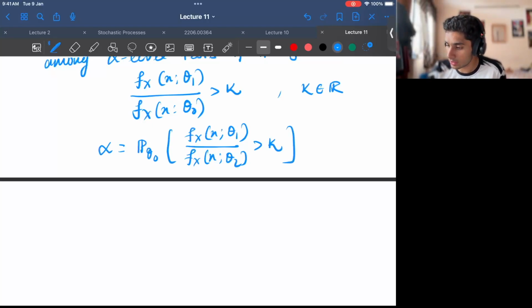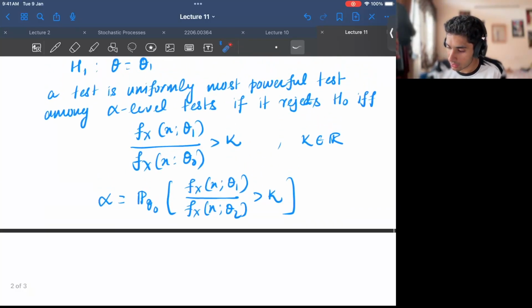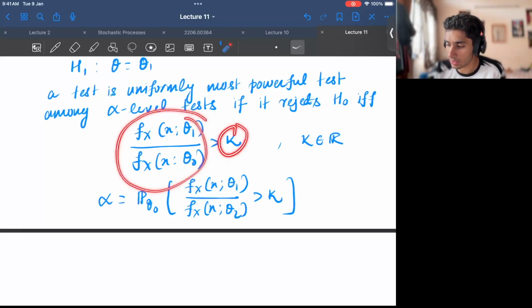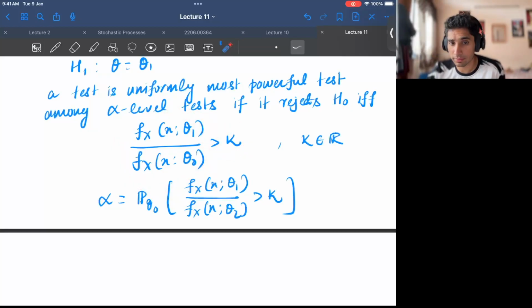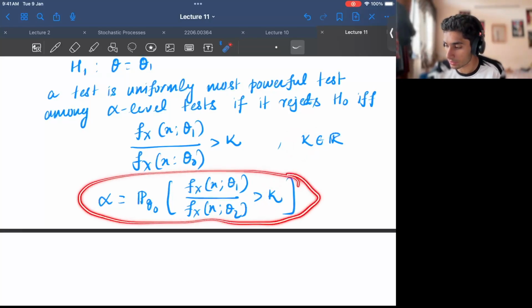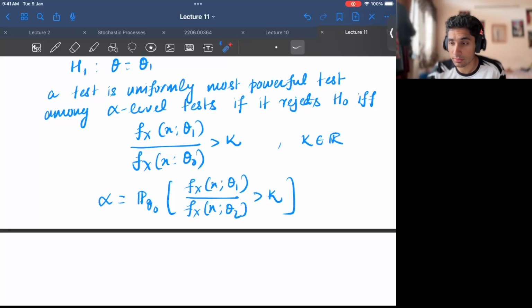So if under theta naught the probability of this likelihood ratio being greater than kappa is equal to alpha, then the test is the most powerful. Kappa is a constant and it has to satisfy this property.